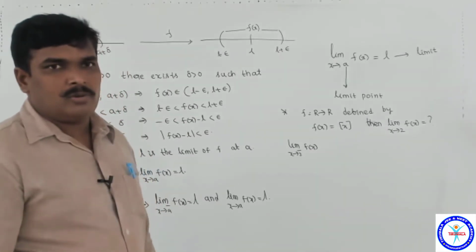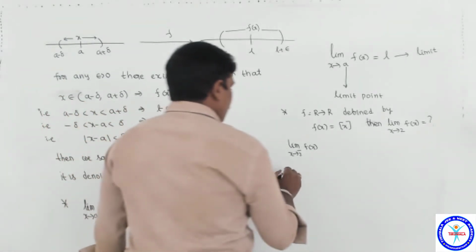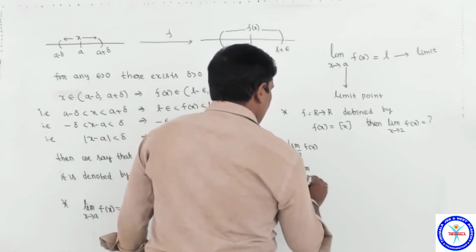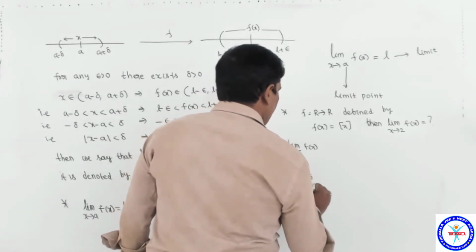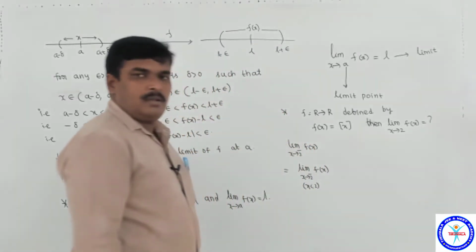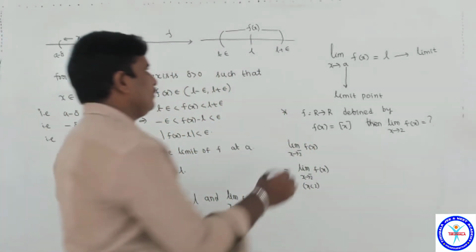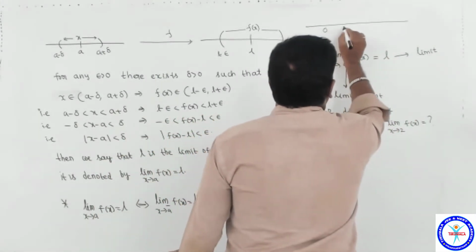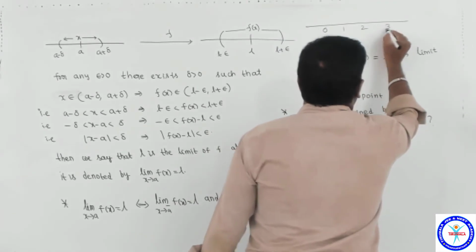Limit as x tends to 2 minus, that means x less than 2, of f of x. On the number line we have 0, 1, 2, 3.